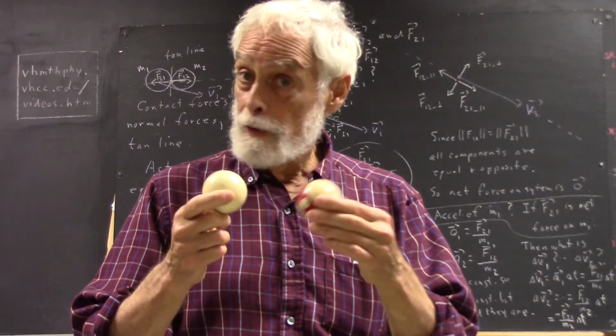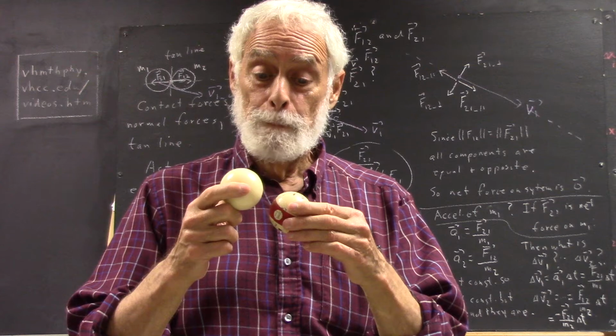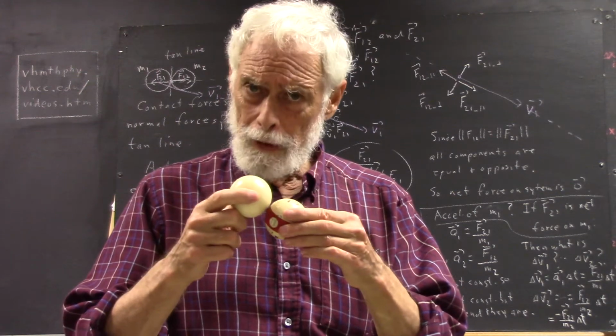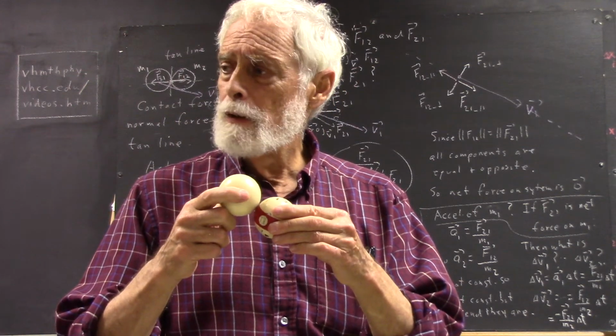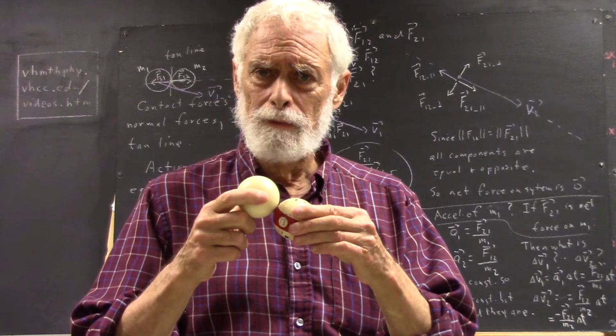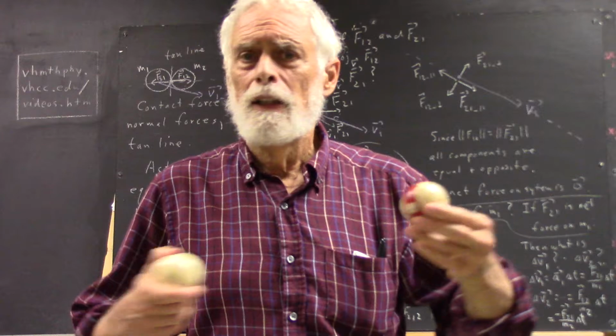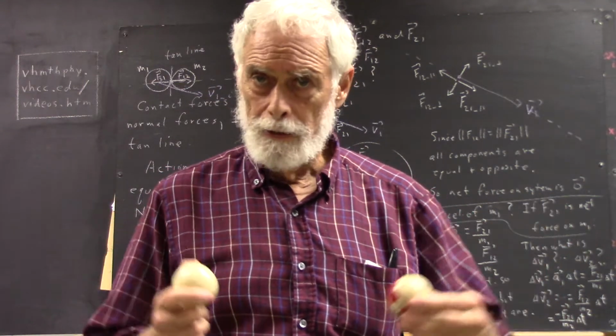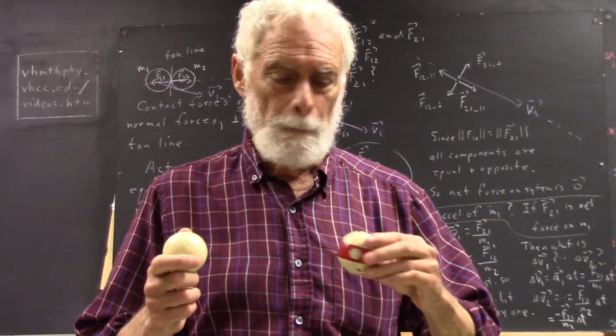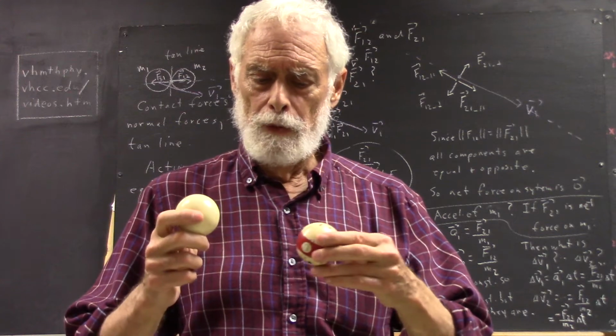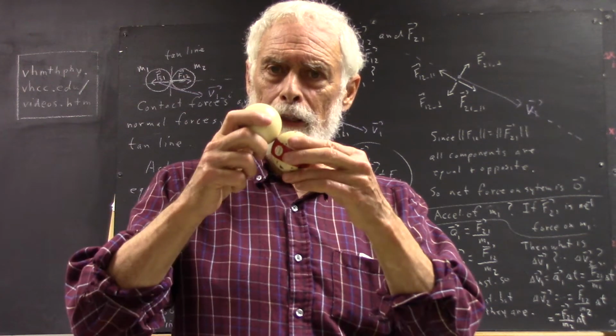Okay, but they're also very elastic, meaning that you compress them and you do a little bit of work, and when they come back apart, most of the energy that went into compression comes back in the form of kinetic energy. Okay, so they hit like this.